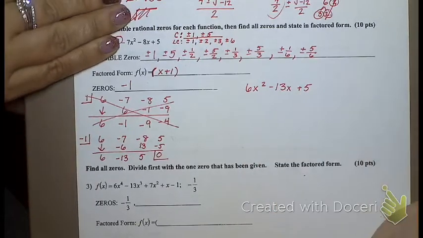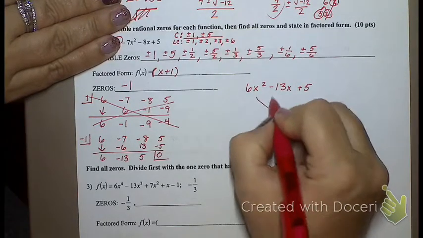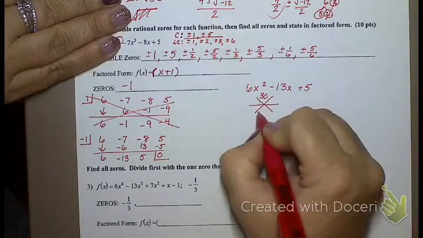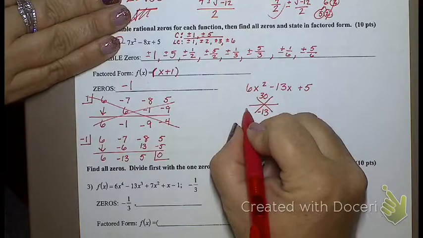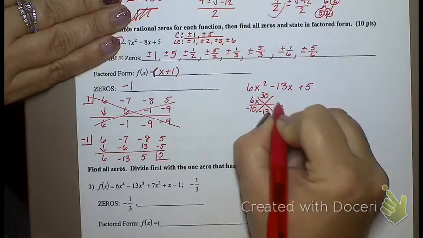I'm going to try factoring first because I think factoring is usually quicker. 6 times 5 is 30 and -13. What would my two numbers be? -10 and -3, and 6x and 6x.